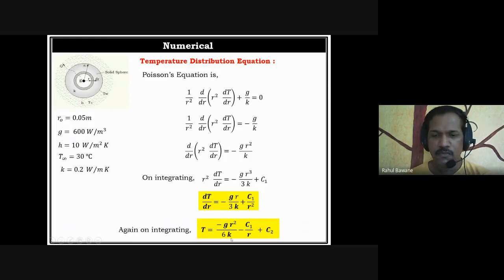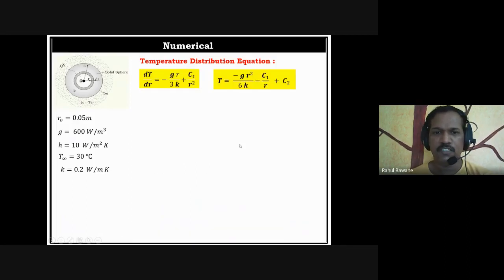So we now have these two equations, where the temperature distribution equation is in terms of the constants of integration, C1 and C2. Anyhow, we have to find the values of C1 and C2, and we have only two boundary conditions, at the center and at the surface. So let us see how to find C1 and C2. First we consider the boundary condition at the center, where r is 0 and the temperature becomes T max.